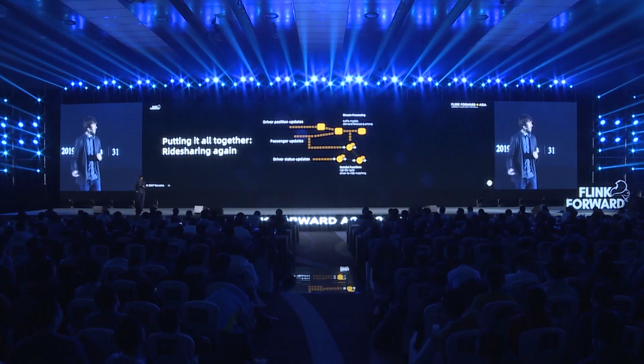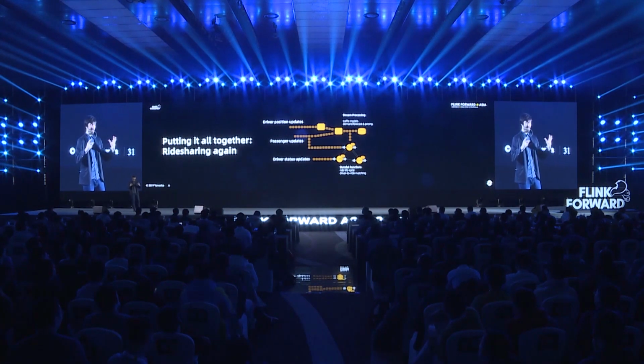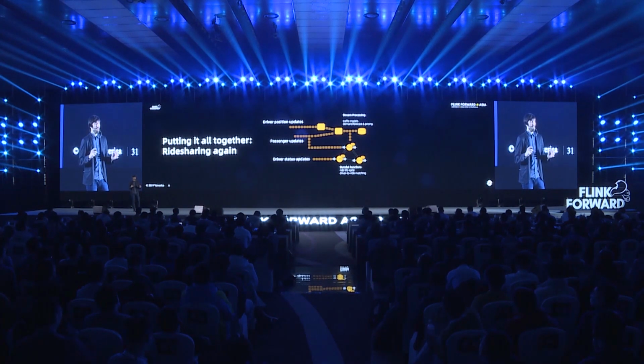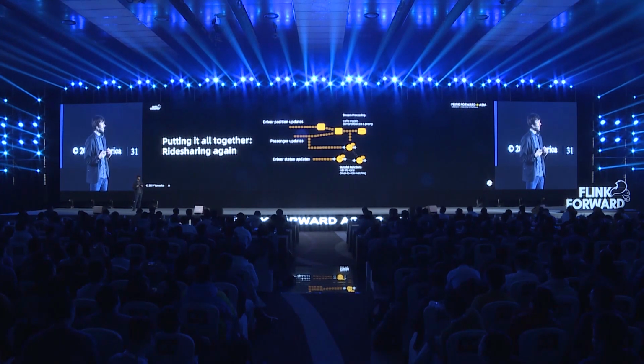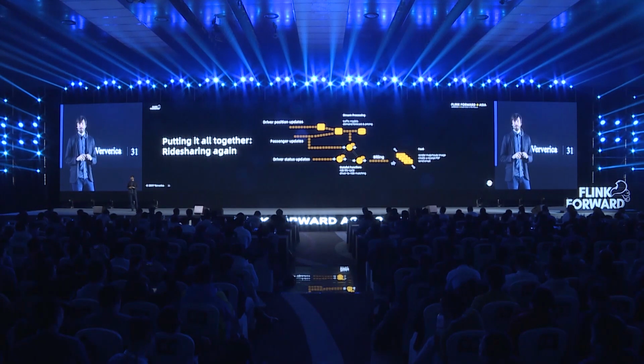Then you would have a stateful function piece that would deal with the coordination of those things, coordinating between drivers and passengers and locations. And then at the end of every ride, when you're done, maybe you want to do something that's a bit more intensive. You would want to render a map, you would create a PDF, and then send that to the passenger.